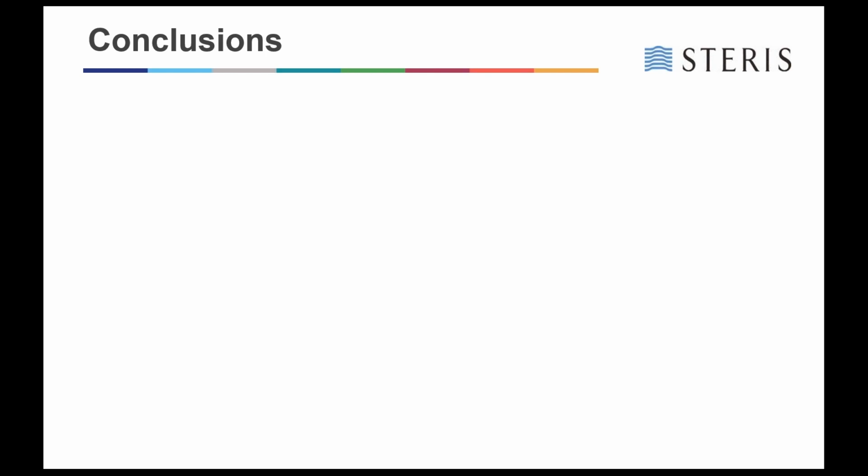Okay, well, we've gone through the comparison of the ISO standard and the USP to standard 72, and we would just like to bring up a couple of conclusions that we come to.